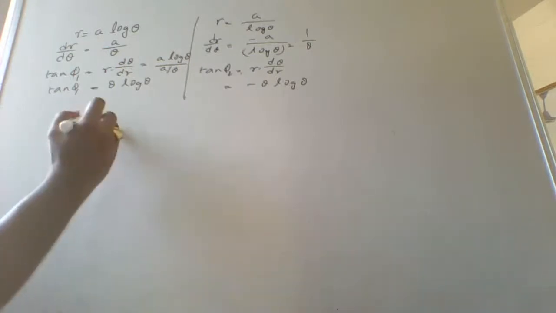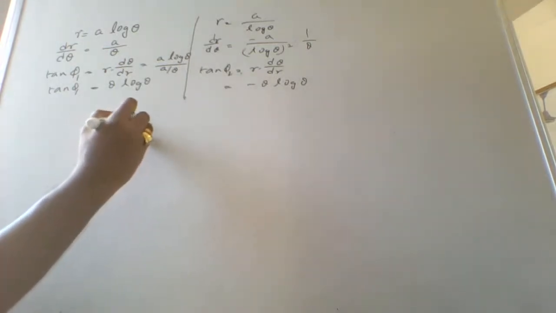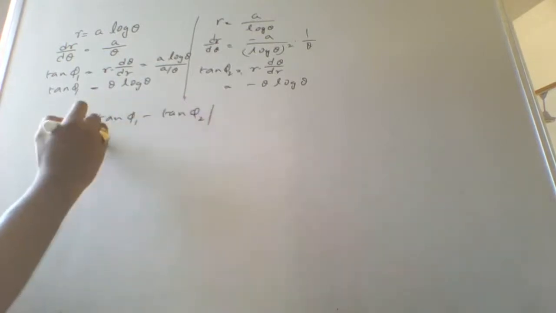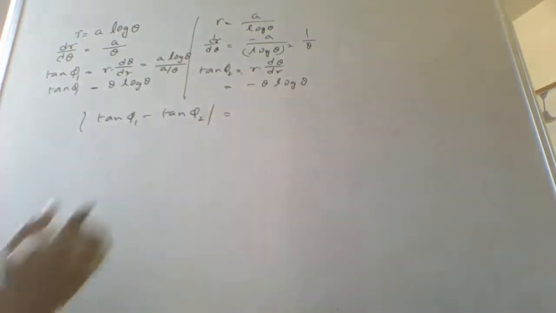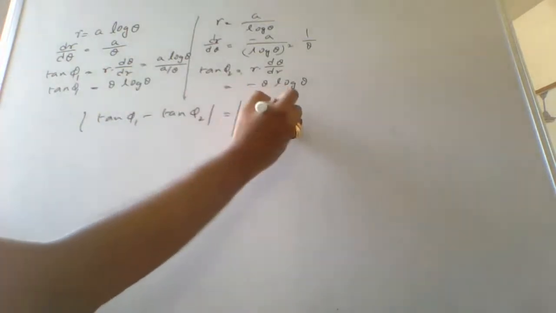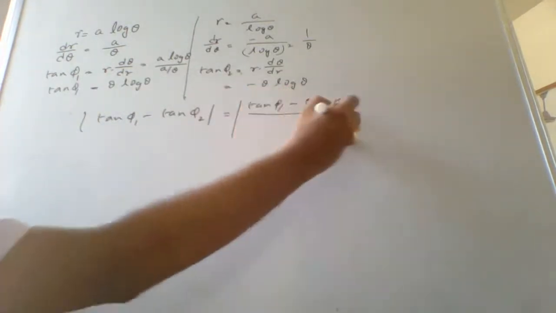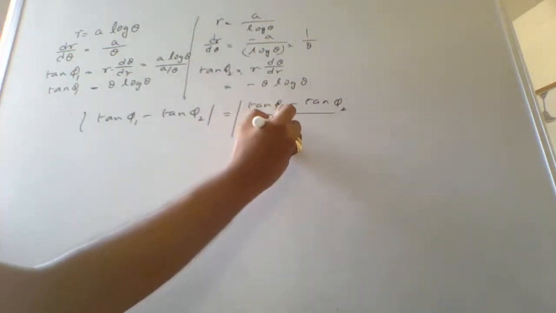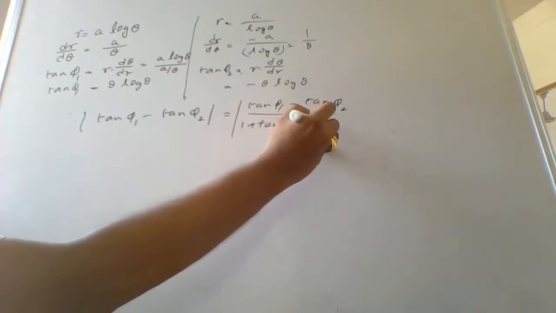Now tan of phi 1 minus phi 2, mod of this, is tan phi 1 minus tan phi 2 divided by 1 plus tan phi 1 tan phi 2.